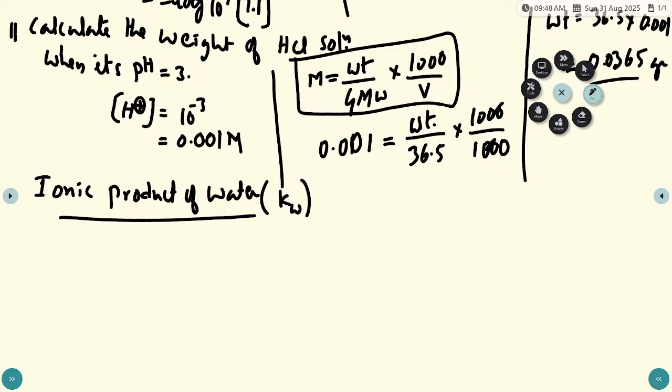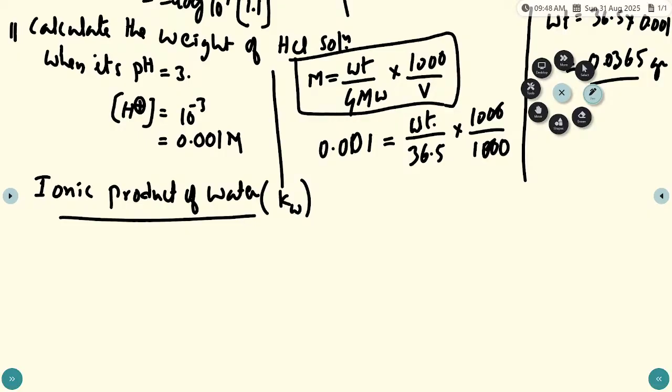So water is a weak electrolyte, as in electrochemistry.